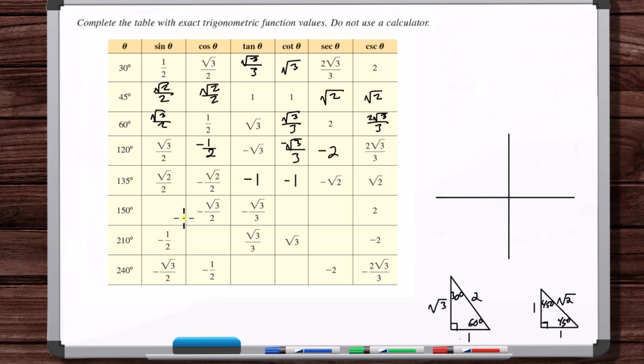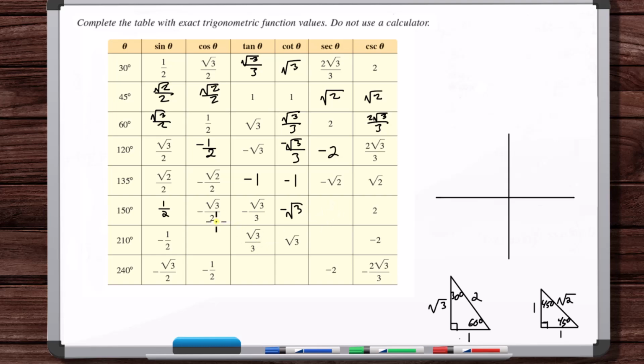So, okay, with that, we've got sine is opposite over hypotenuse, just 1 over 2. Cotangent is not opposite over adjacent, but adjacent over opposite. That's going to be minus root 3. And then secant is the reciprocal of cosine.